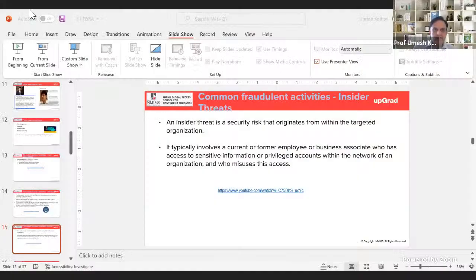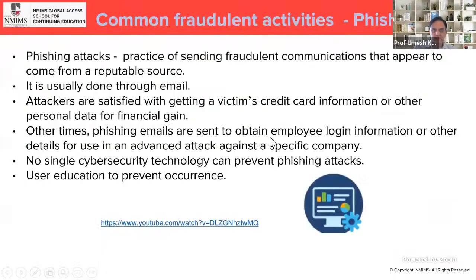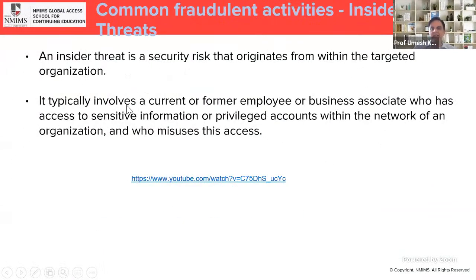So there are two more types of frauds. And the third one is insider threats. Now, insider threats, what is our understanding of insider threats? Yeah, insider threat.